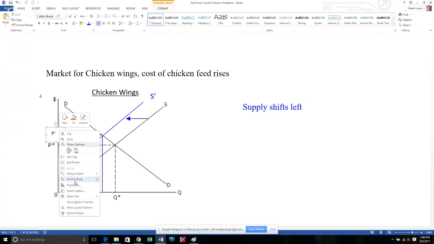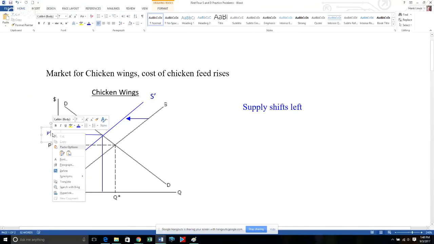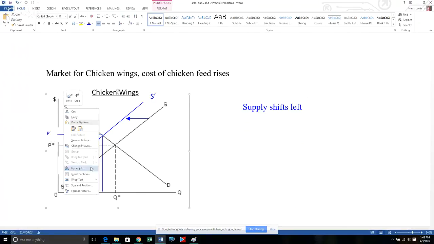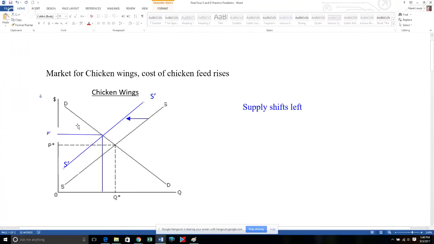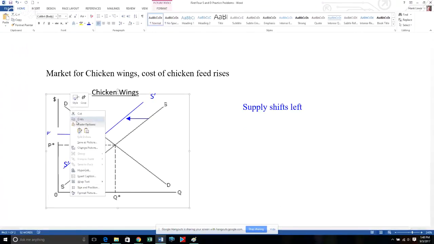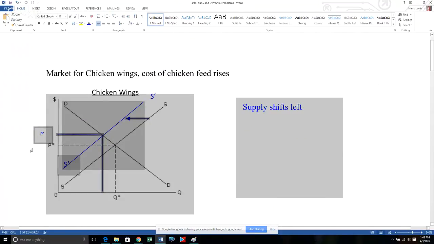Let me send it to the back. There we go. It didn't do as well as I would like it to, but okay, there's the new equilibrium price located such as it was.